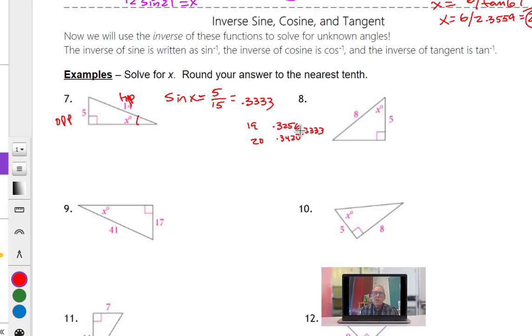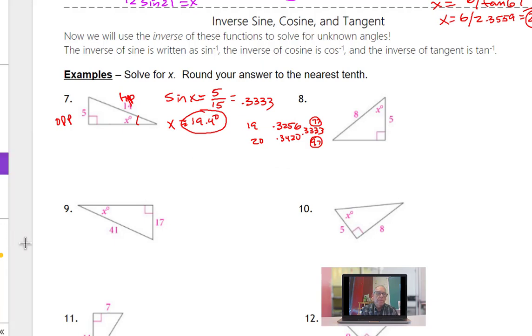It's actually like 77 away from the 0.3256, and it's actually 97 away from the 20. So we might guess around 19 degrees for the value of angle x.